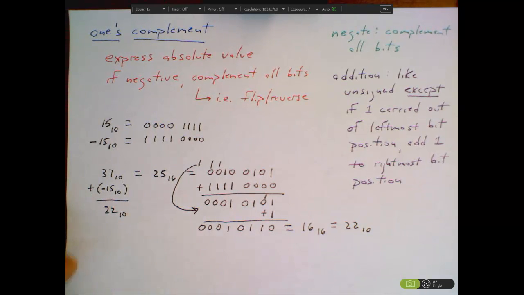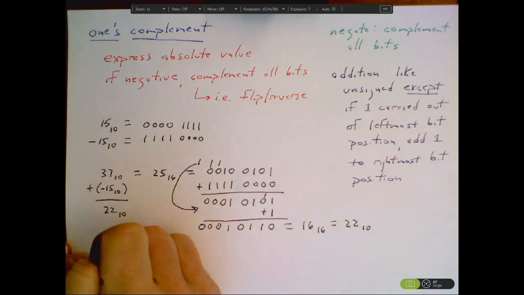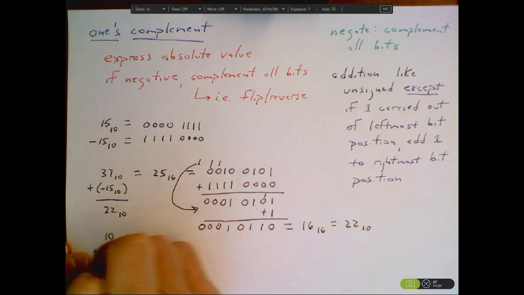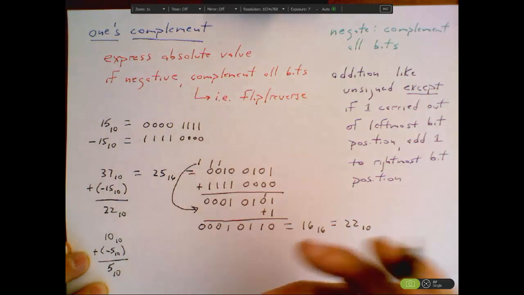Okay. Let me do one other example just to emphasize that you only add that 1 if there's a carry out the top. Let's look at 10 base 10 plus minus 5 base 10. Of course, we should get 5 base 10. So what's 10?